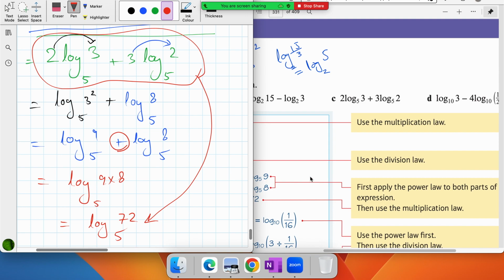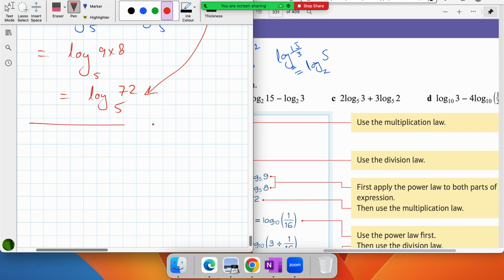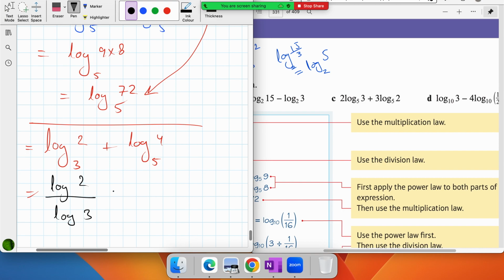We'll do something about them. For example, you have log of 2 to base 3 plus log of, let's say, 4 to base 5. Now this law is actually known as change of base law. So you can write log of 2 divided by log of 3 plus log of 4 divided by log of 5.